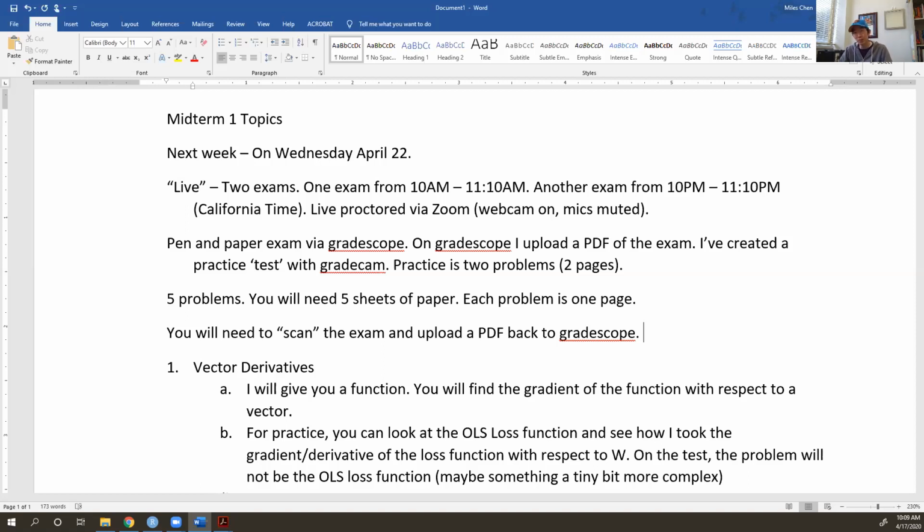You can't write on both sides. It's got to be just one side. Everything has to fit on the front side of one paper, because I've configured Gradescope with one problem per page, and that's what it's going to expect.